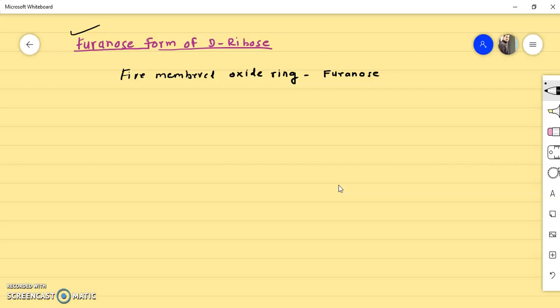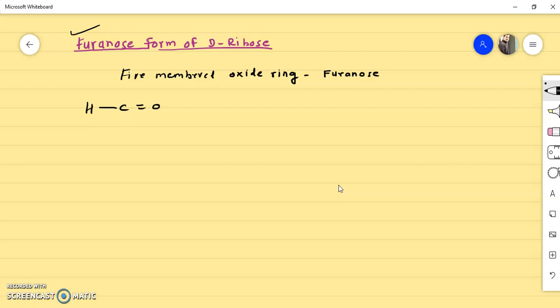Now to draw the furanose form of D-ribose, we must first know the Fischer projection structure of D-ribose, which I have already explained in the previous videos. So once again I will draw the Fischer projection of D-ribose. This is CHO, the first carbon.